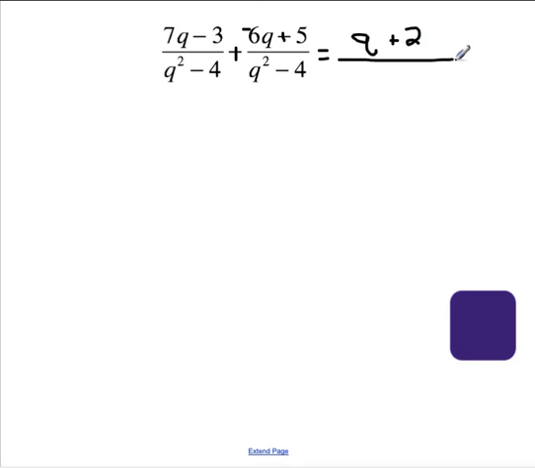Now the denominator is going to stay q squared minus 4. However, I notice this is the difference of two perfect squares. And so I'm going to go ahead and factor it to make it q plus 2 times q minus 2.